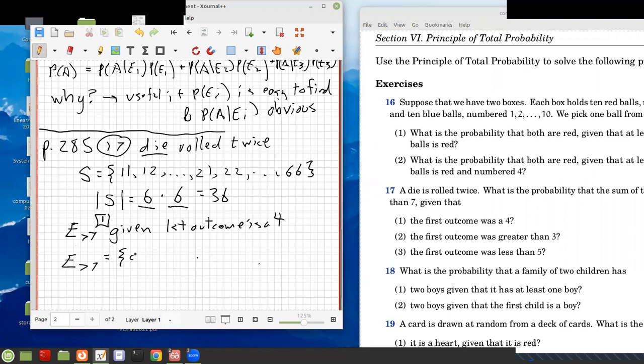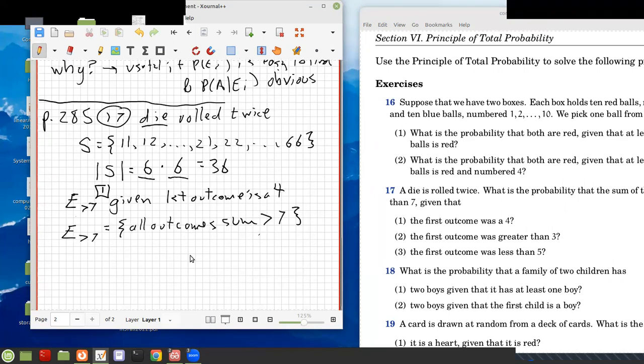It's going to be all outcomes where the sum is greater than 7. We could try to write this out and do some fancy counting to figure out how many elements are in this set. But we're actually being asked for the conditional probability that the sum is greater than 7, given that the event of a 4 occurring.